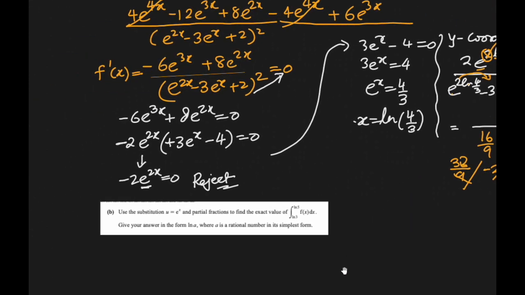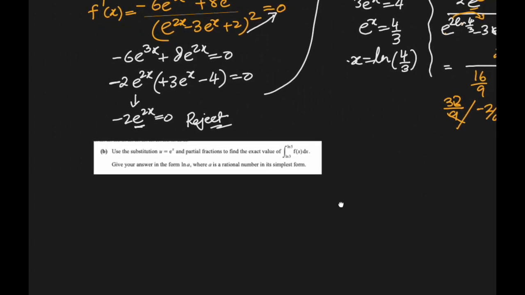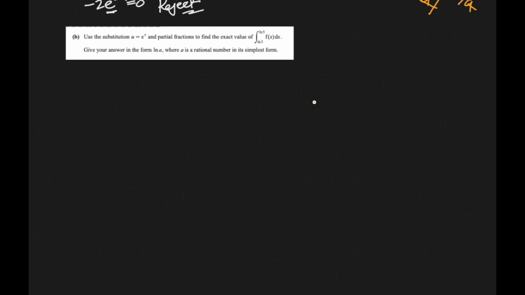Let's go to the B part. Use substitution, u equal to e to the power x, and partial fractions to find the exact value of the integral of f(x) from natural log 3 to natural log 5.